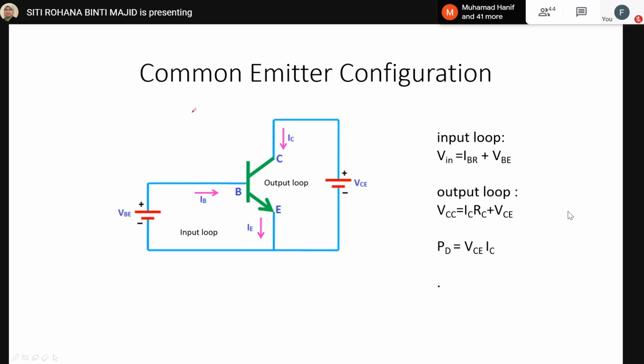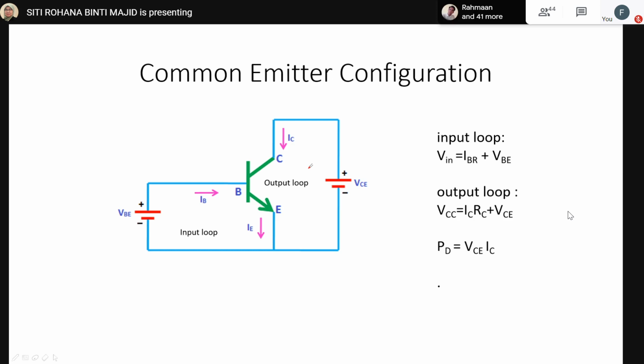Okay, so for the input loop, we know the Vin and the Vout for the output, and Vin equals IB times the resistance, if the resistance appears here, plus VBE. For the output loop, we have VCC equals ICRC plus VCE.